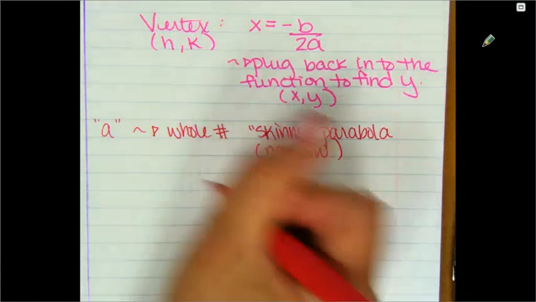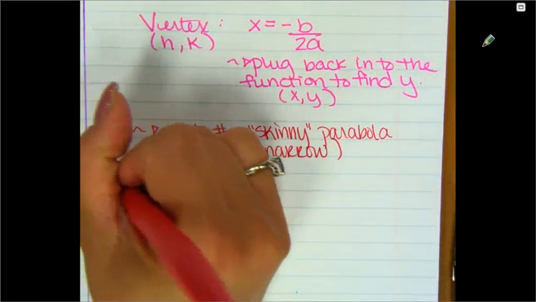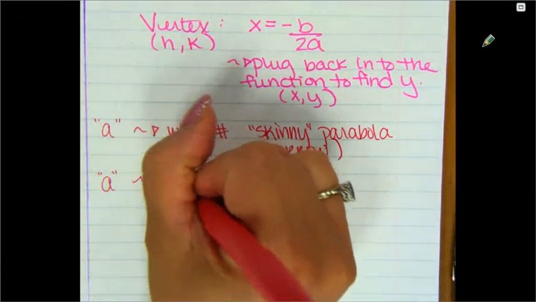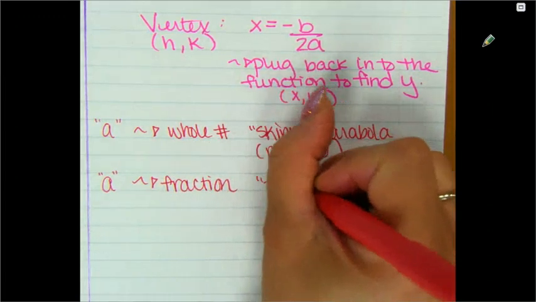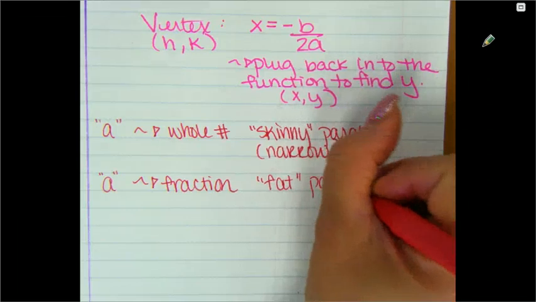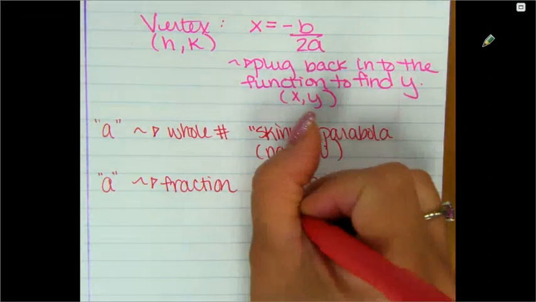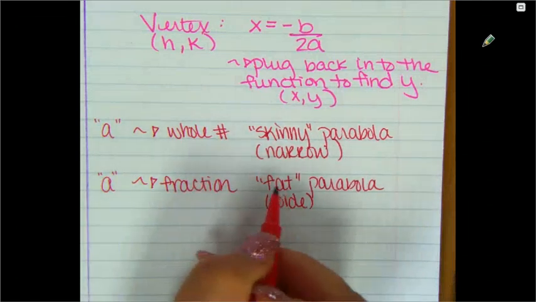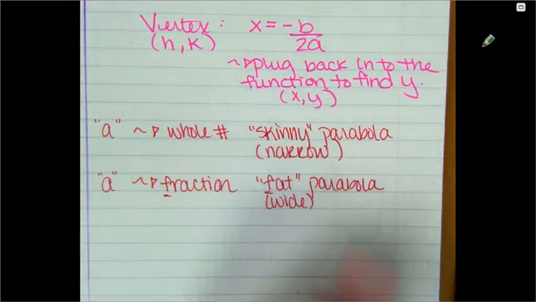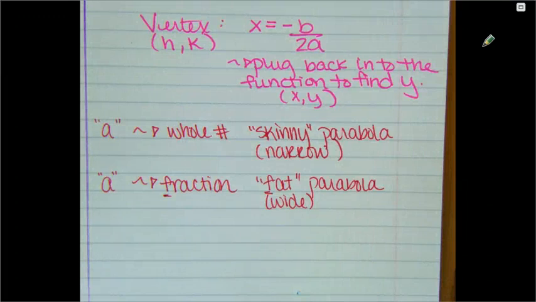But if it's a fraction, then you have a fat parabola, or wide. Only reason why I say fat, it's kind of easy to remember if fractions are fat. Fat fraction. Wide is a better term, but same thing.